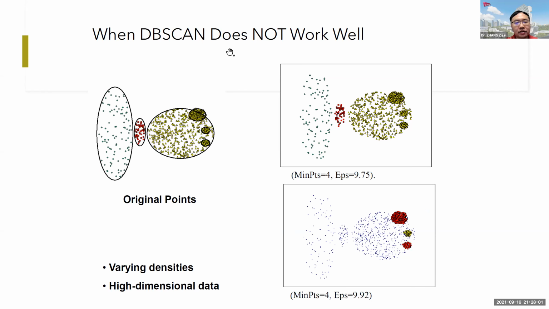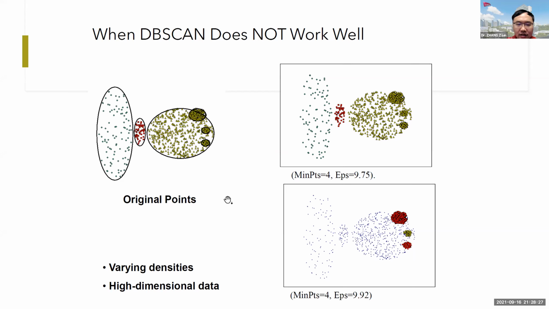But what are the scenarios where DBSCAN does not work well? Given original data points like this, they have some globular shapes, okay? And especially they have varying densities. You can see some of the data points are very dense, and some of the data points are very scattered.